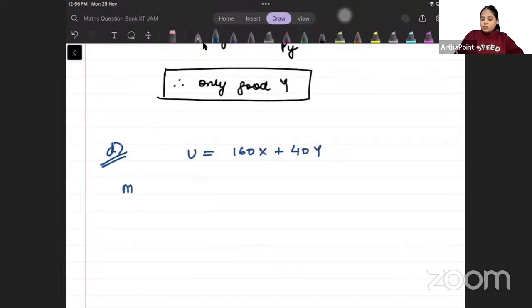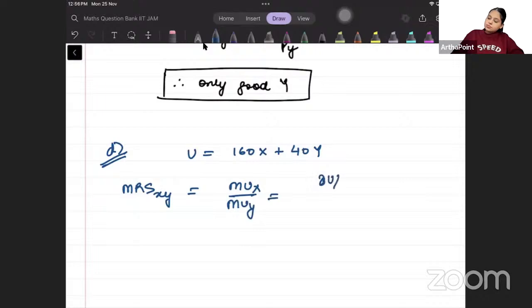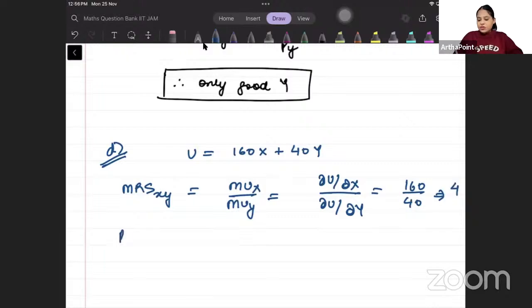Now if I look at MRS, it will be MUX by MUY. It is 4. And if I look at PX by PY, 2.5.